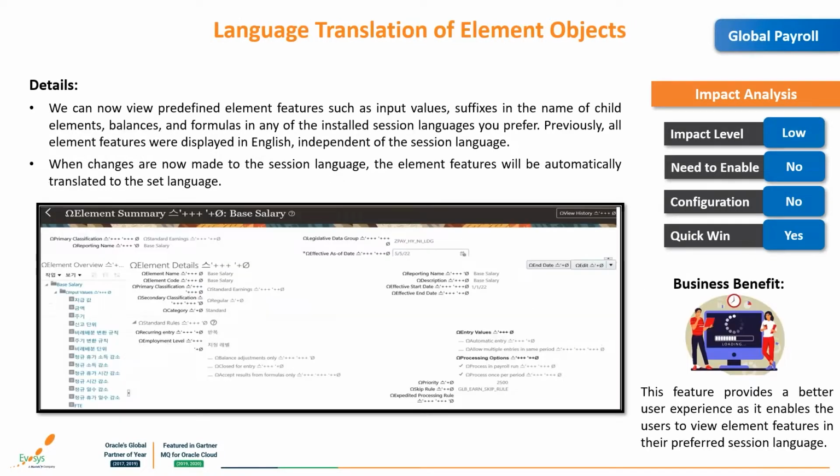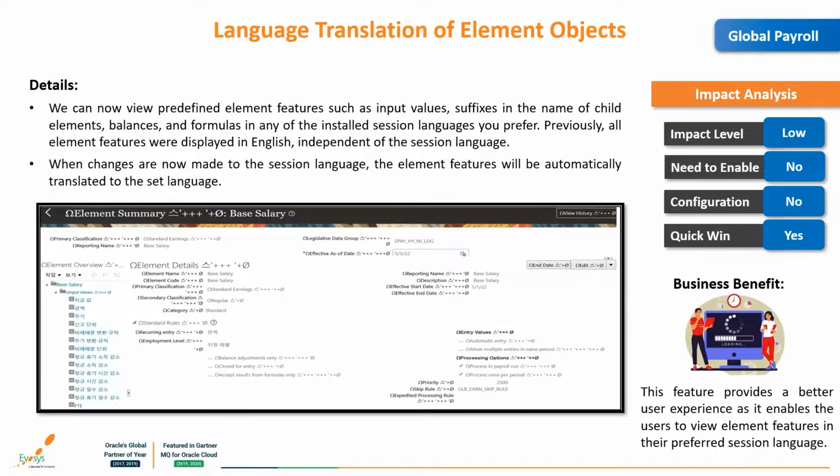The next feature in global payroll is language translation of element objects. This is a very interesting feature that I've come across in 22C. Till now, we do not have the option to view the element features in language packs which are installed in the application. It only comes up in English. Let's say we have Chinese or Japanese or any language pack installed in the application.